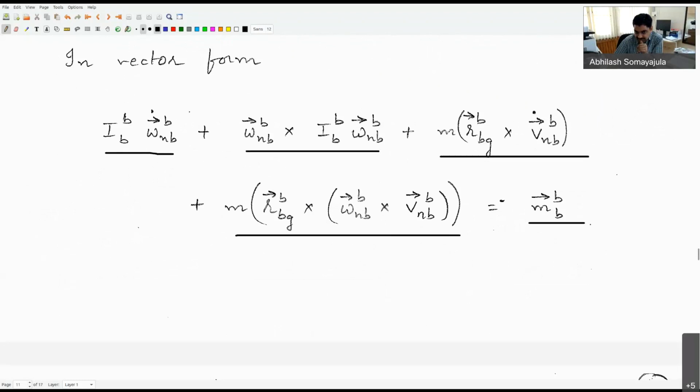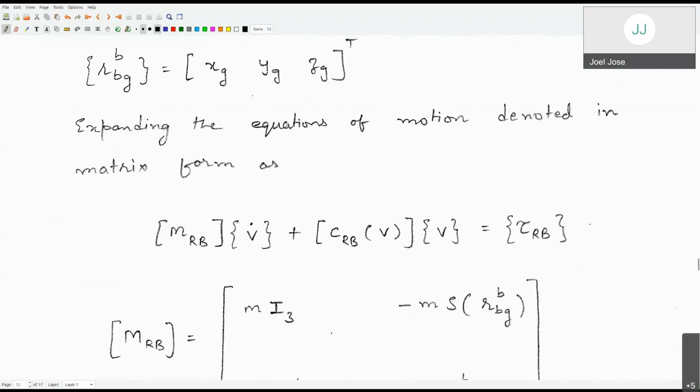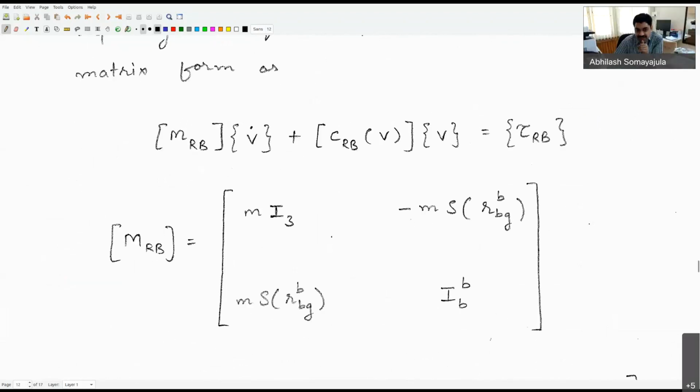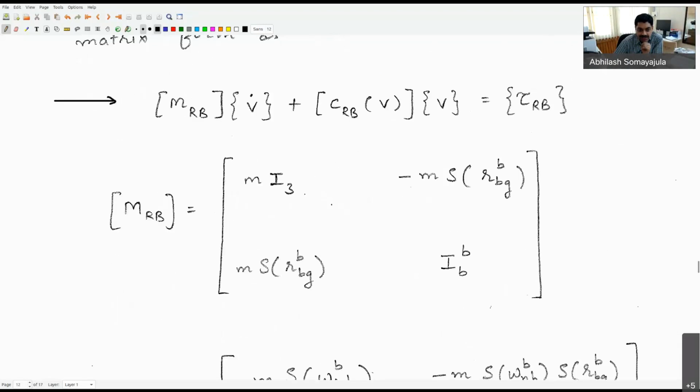So if I want to put everything together, then I can write down my consolidated equations of motion as MRB times V dot plus CRB times V is equal to tau RB, where this MRB is what we saw before.